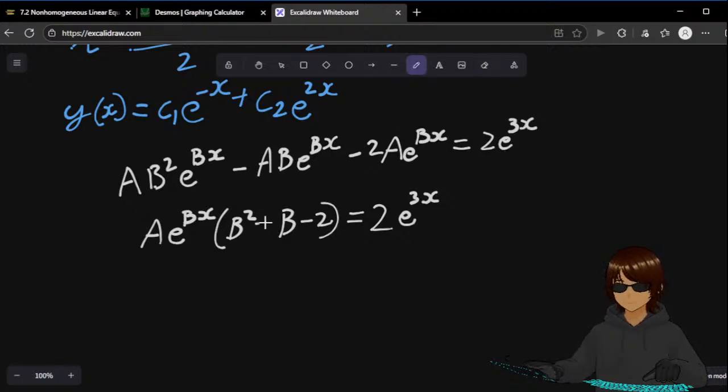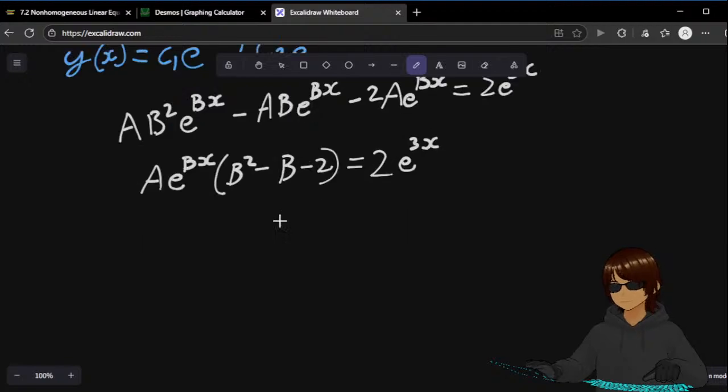B squared repeats. If b was 3, 3 squared is 9, minus 3, minus 2. Let b equal 3.